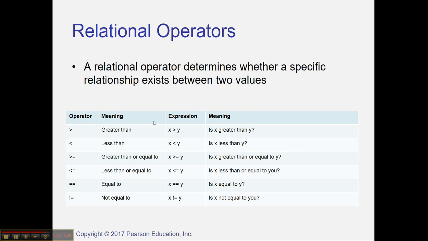A relational operator is basically a symbol that represents whether your question is greater than, less than, greater than or equal to, less than or equal to, exactly equal to, or not equal to at all. This is pretty standard. A lot of you have done this in math and in grade school. So we'll be looking at how to formulate relational operators and expressions in the next video.